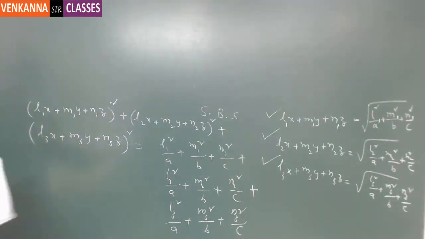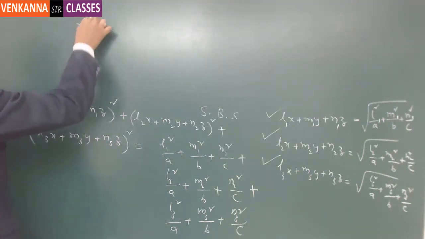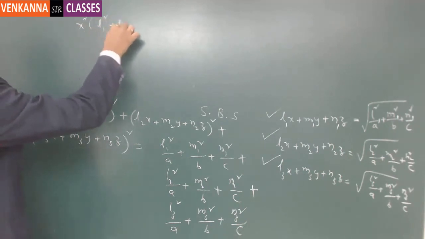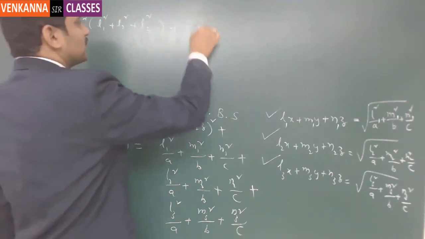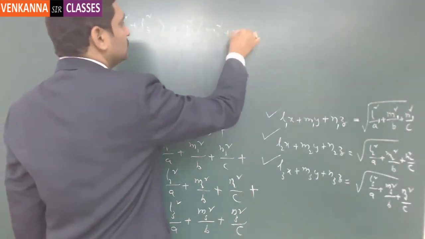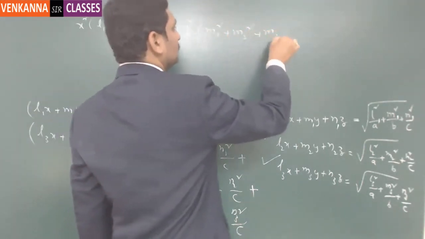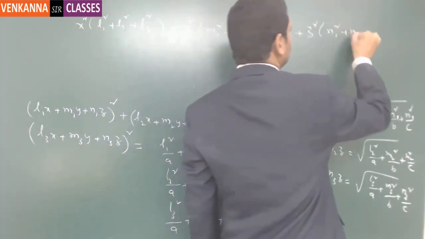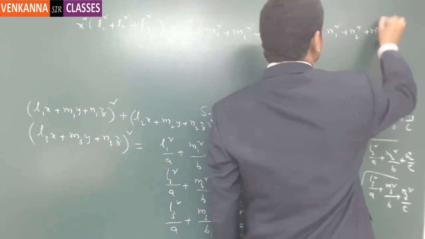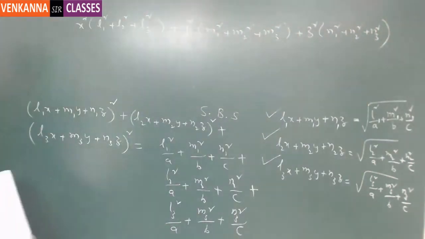It is going to be x square into L1 square plus L2 square plus L3 square plus y square into and so on.